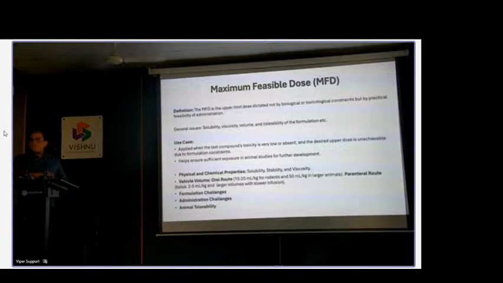That kind of feasibility you have to address. If you can't, that would be your limitation to conducting the study at that dose. There are other factors too: physicochemical properties, formulation challenges, administration challenges such as viscous solutions, or animal tolerability. These are all factors that would dictate your dose, other than the toxicity that you would see.